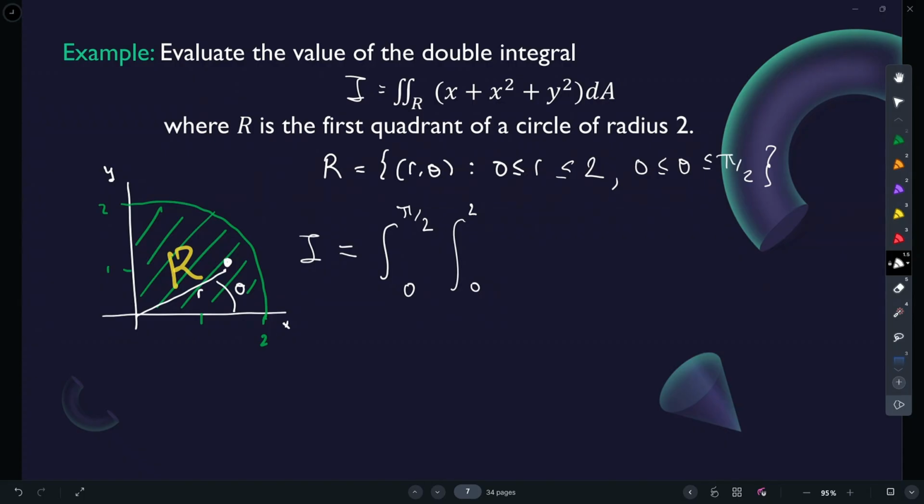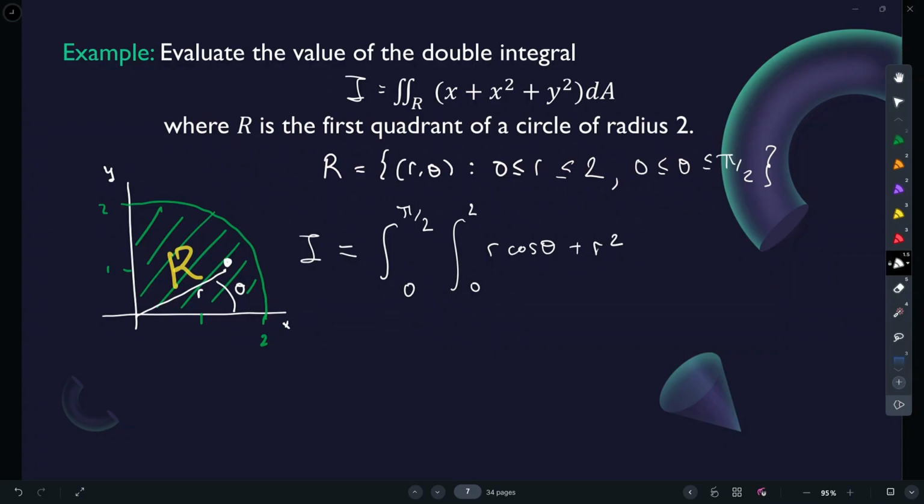Now I'm going to start translating: x is equal to r cosine theta, so I get r cosine theta plus, and now I see that there is an x squared plus y squared here, so I'm right away going to use my formula that it is equal to r squared.